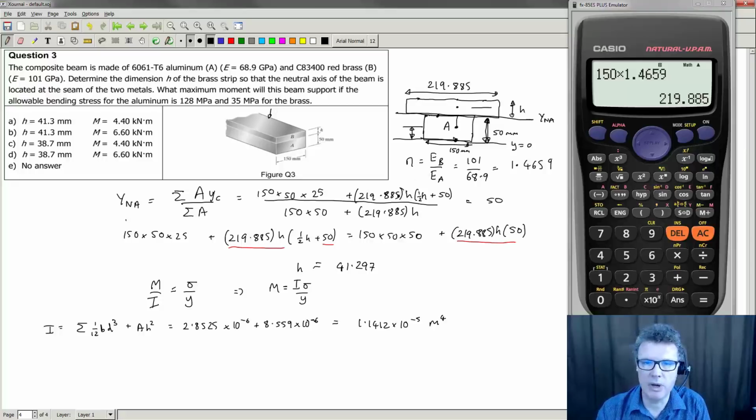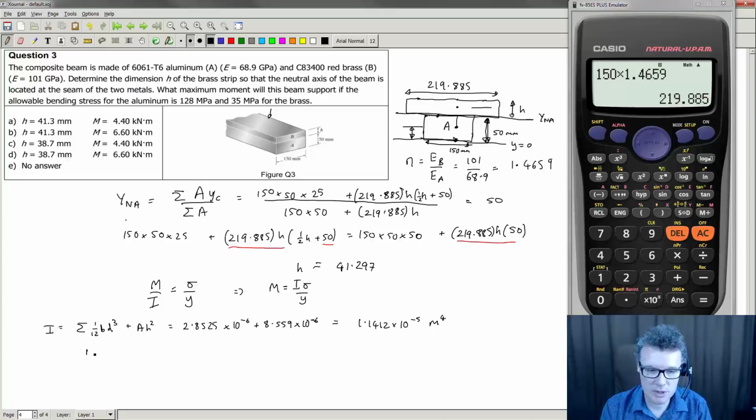Let's do the aluminium first. We want to do the bottom section first. That's not because I'm assuming the bottom section is going to have the value. There's too much going on to be able to guess which one it's going to be.